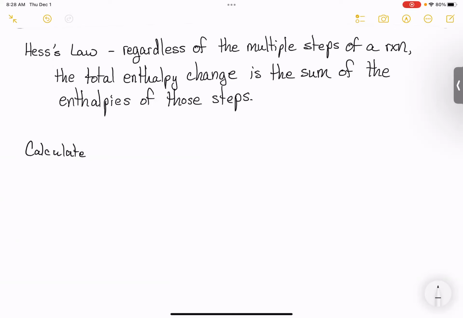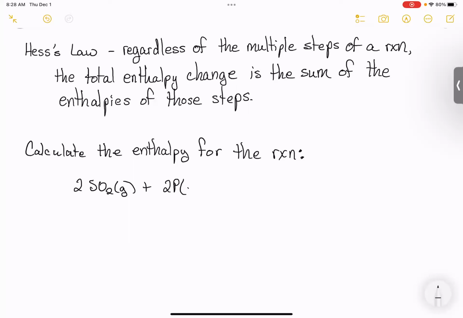Calculate the enthalpy for the reaction 2 SO2 gas plus 2 phosphorus solids plus 5 Cl2 gas goes to make 2 SOCl2 liquid plus 2 POCl3 liquid.